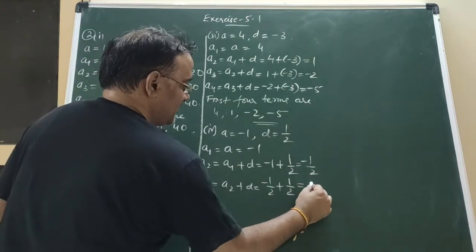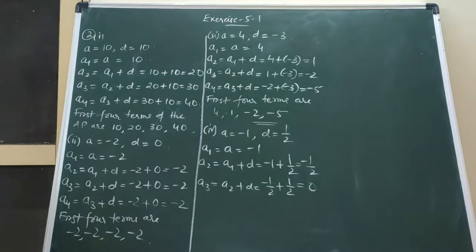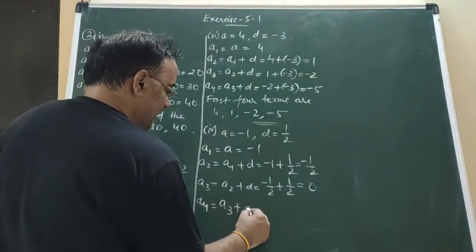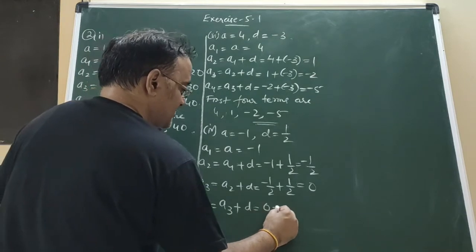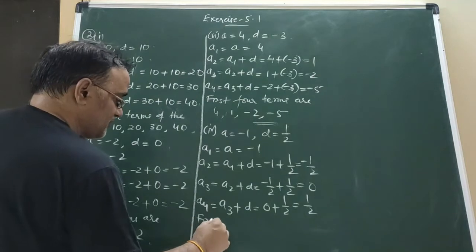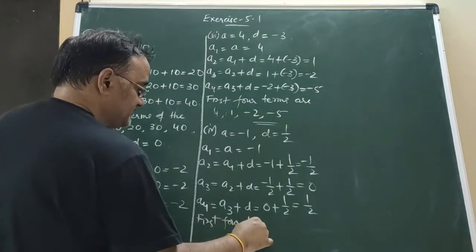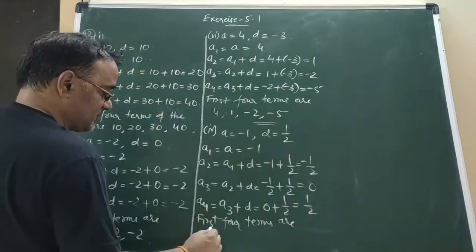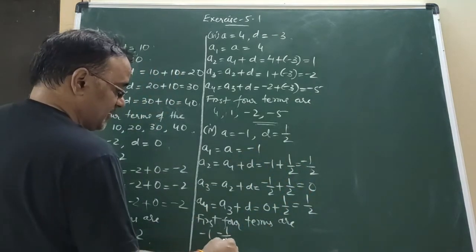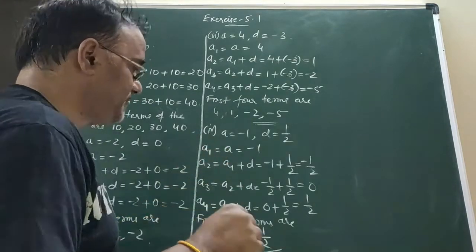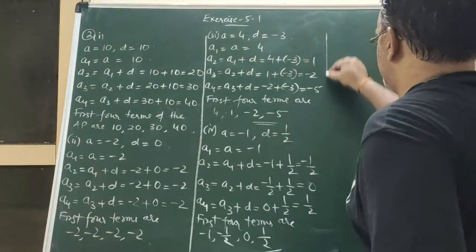D is half. So we are getting 0. A4, A3 plus D. So A3 is 0 plus half is half itself. So first 4 terms are -1, -1 by 2, 0 and 1 by 2. Okay. So now we are moving towards the fifth bit.